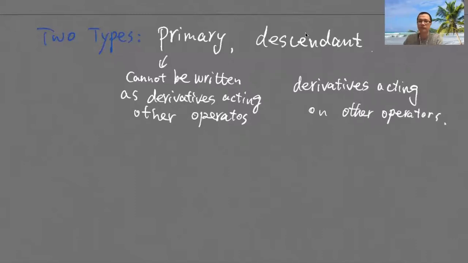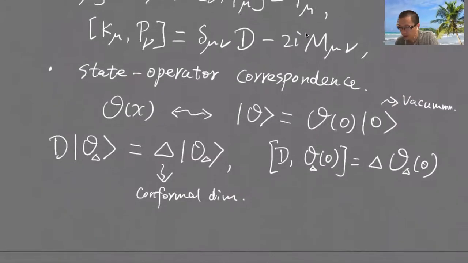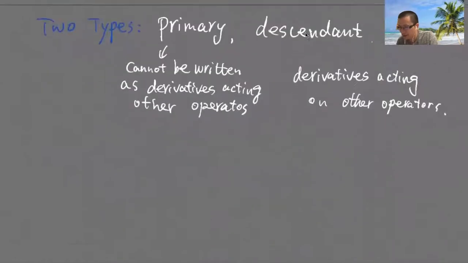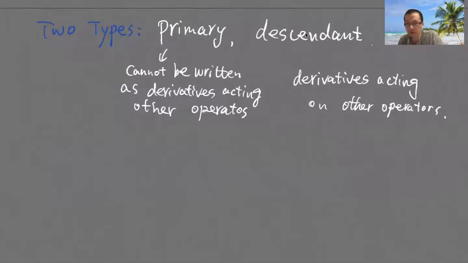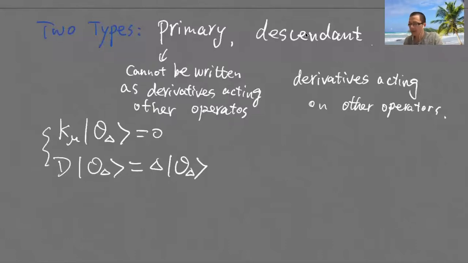Using those generators, primary operators are defined as those operators which create states annihilated by the special conformal transformation. Of course, as I already said, they are eigenstates of the dilatation. That's the primary operator.